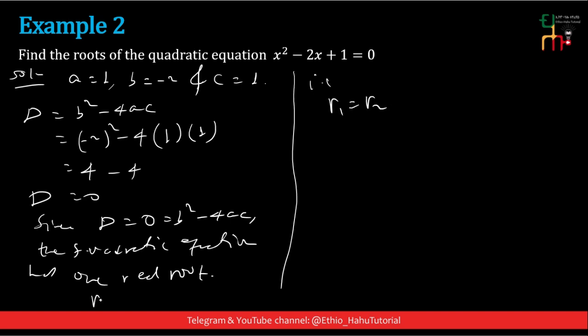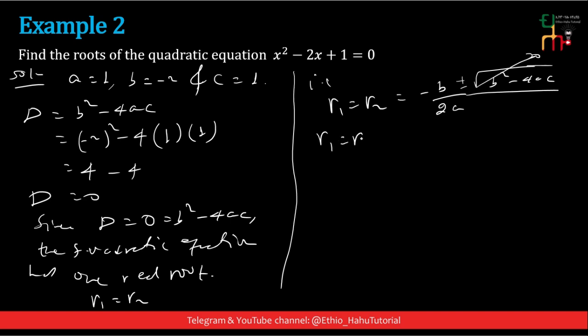In this case, r1 is equal to r2 is equal to simply minus b over 2a, because minus b plus or minus the square root of b squared minus 4ac divided by 2a, and since the square root is 0, r1 is equal to r2 is equal to minus b over 2a.